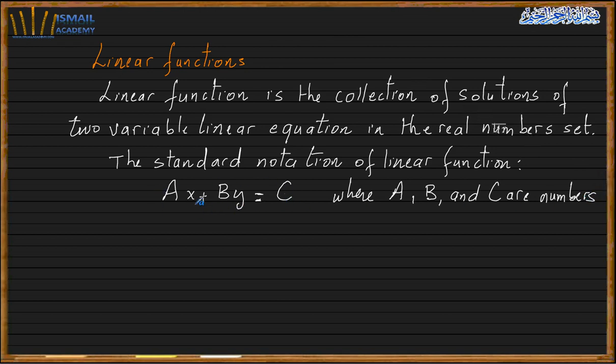You see, the notation of a two variable equation becomes the linear function because it's the source of the set of ordered pairs that define a function. So that is exactly what a linear function is, and this is the standard notation of linear function. Let me give you an example of a linear function.